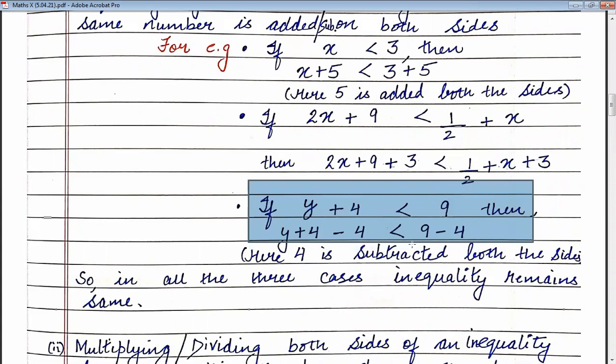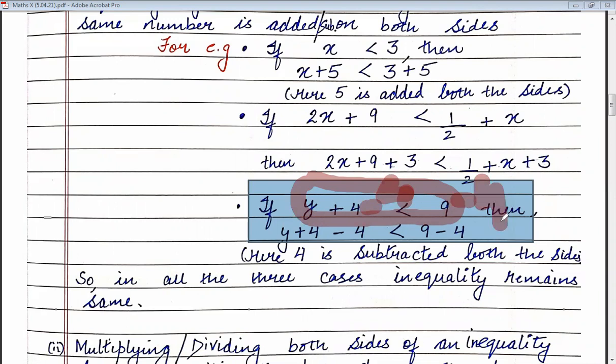Now, just have a look at your inequality. What is your inequality here? y plus 4 less than 9. Okay. Now, children, I am going to subtract the same number on both the sides. Here I am going to subtract 4. So on the right hand side also I have to subtract 4.